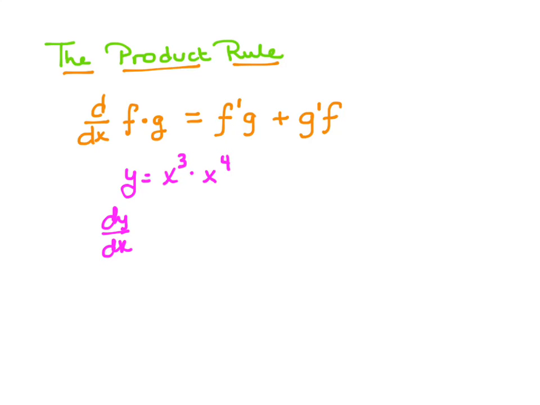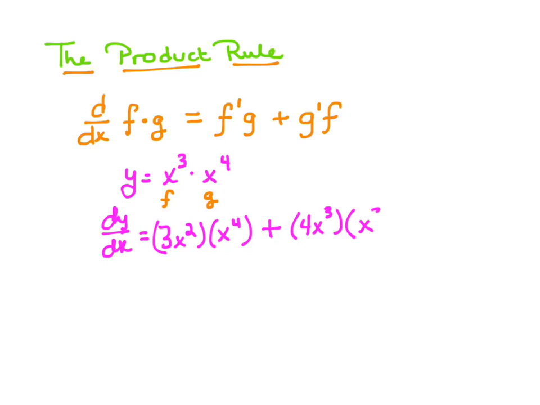The x cubed is going to be my f, x to the fourth is my g, and so my derivative is going to be equal to f prime, the derivative of f, or 3x squared, times g, which is x to the fourth, plus g prime, the derivative of g, which would be 4x cubed, times f, which is x cubed.